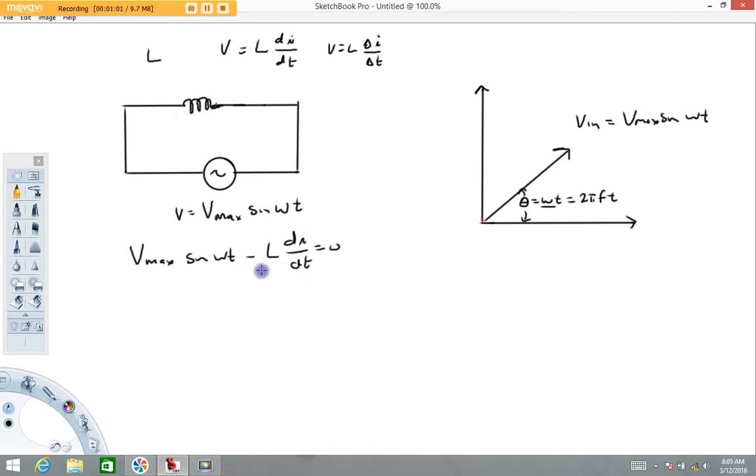So this can be solved for the current by separating the variables. We want to solve this for di. So on the other side we have V max sine omega t dt, divided by L. Oh, whoops, no, that L would be in the bottom. My bad.